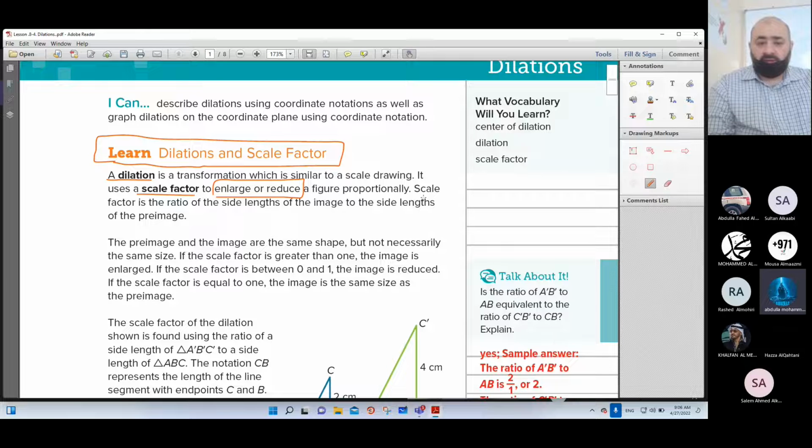Proportionally, scale factor is the ratio of the side lengths of the image to the side lengths of the pre-image. So, what's the meaning of a scale factor? The ratio, as you see here, of the side length of the image to the side length of the pre-image.